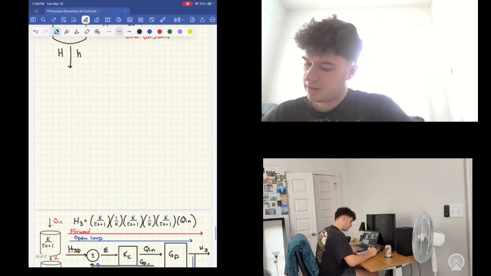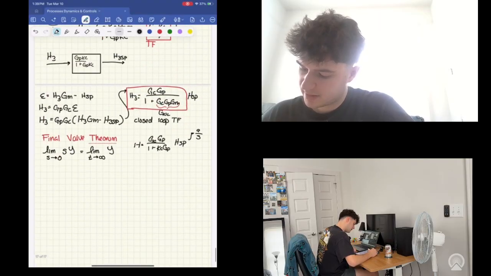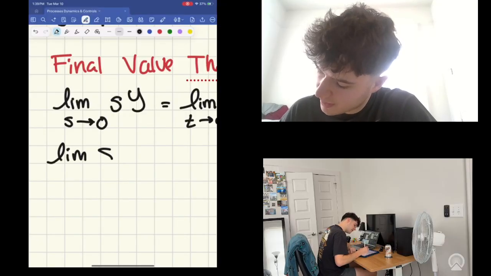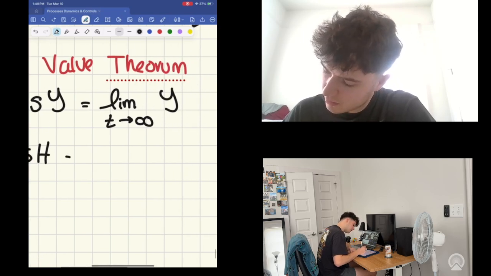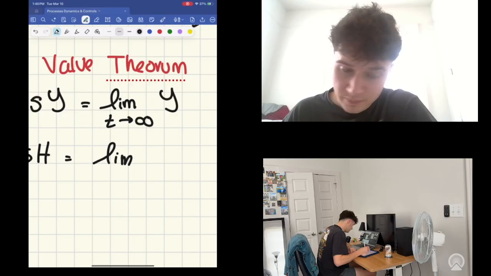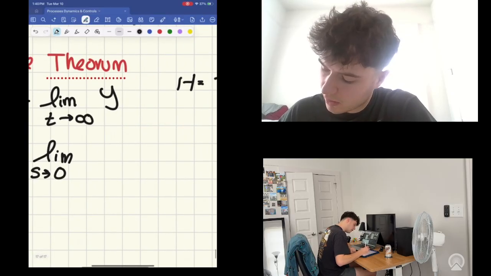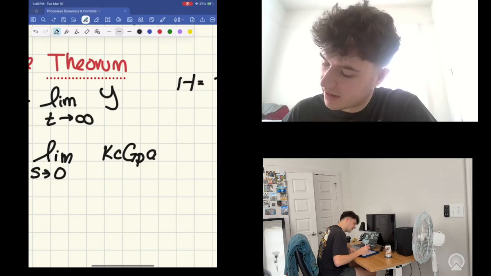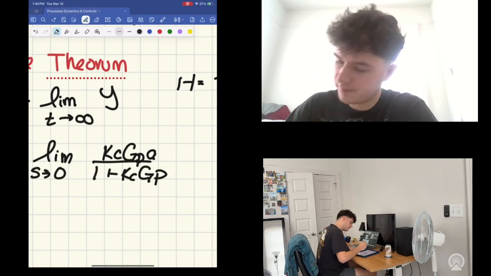Now, using the method that we used in part A of this problem with deviation variables, we're able to rewrite this limit of SH as S approaches 0 into the limit as H approaches 0, which is equal to KCGP times alpha over 1 plus KCGP.